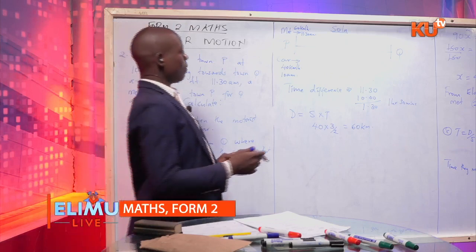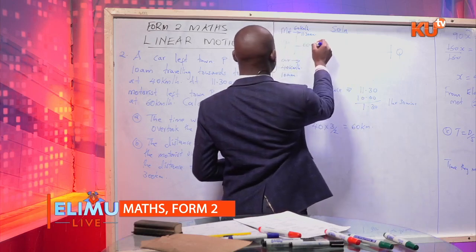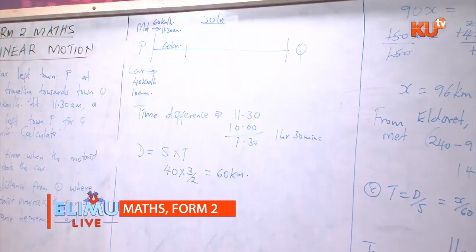So on my diagram, I will locate 60 kilometers. And look at the concept, the car is being overtaken by the motorist.